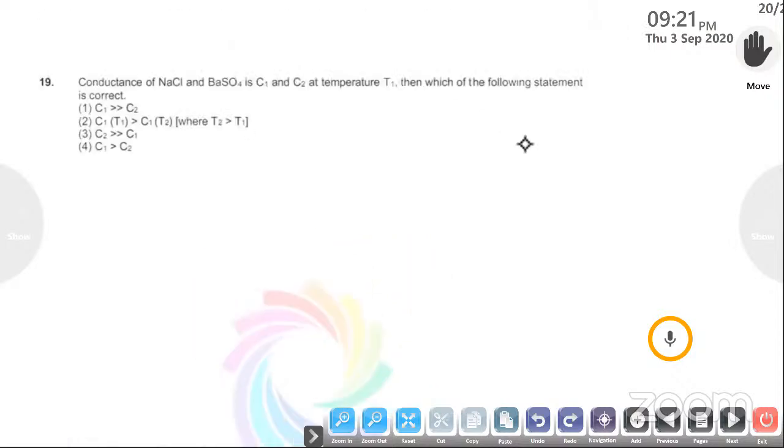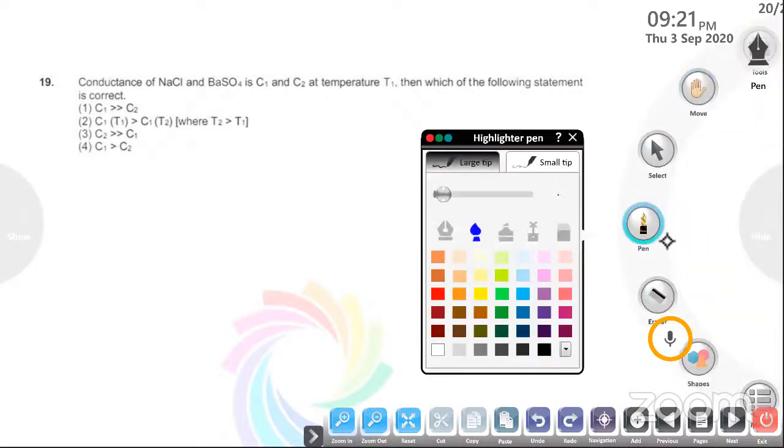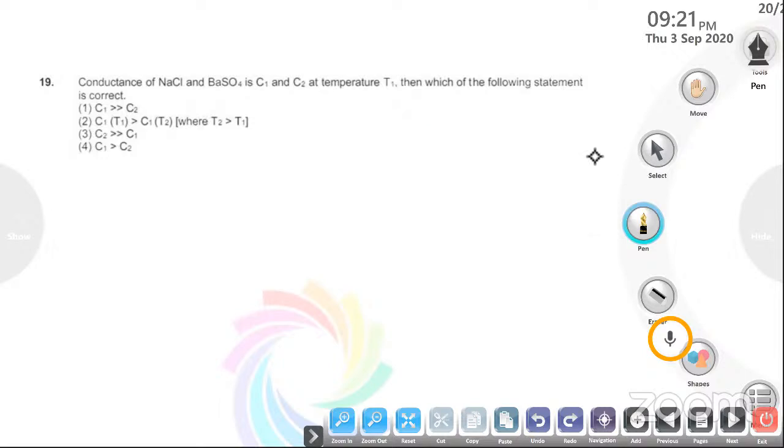First of all, we need to understand NaCl and BaSO4. NaCl is a strong electrolyte, no doubt, and BaSO4 is a sparingly soluble salt. Compared to BaSO4, the solubility of NaCl is more, that's why it has more ions. Therefore, as the number of ions increases, conductance increases.